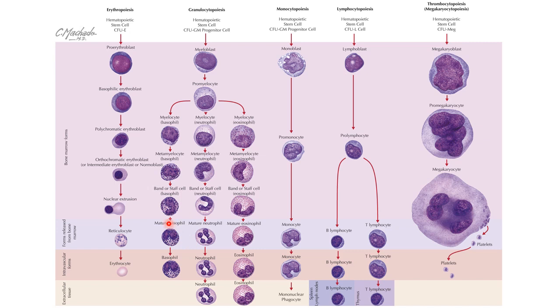So, here you have the different stages of the development of the red blood cell. What do you notice in this picture? The earlier forms of the red blood cell still have nuclei. Okay? But eventually there will be nuclear extrusion.